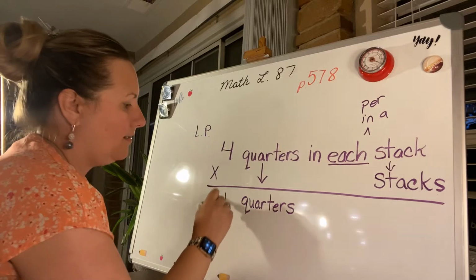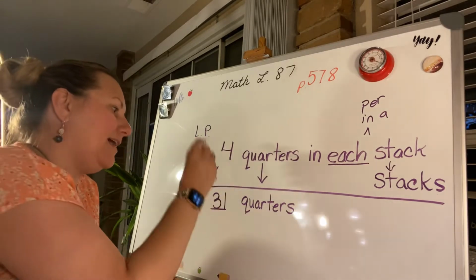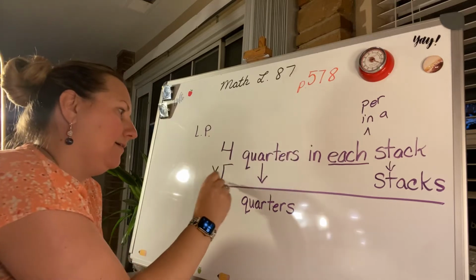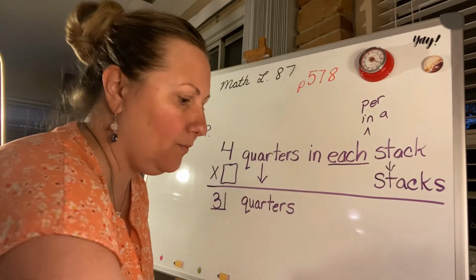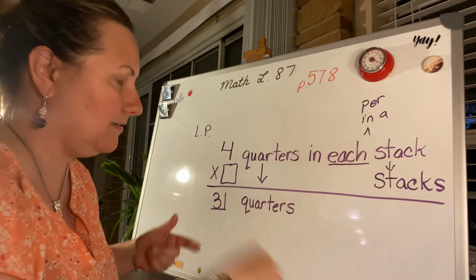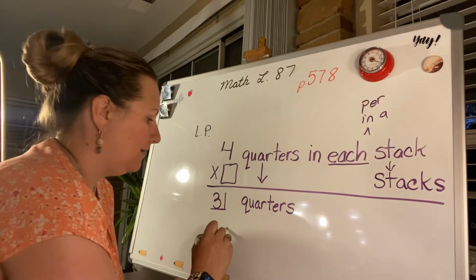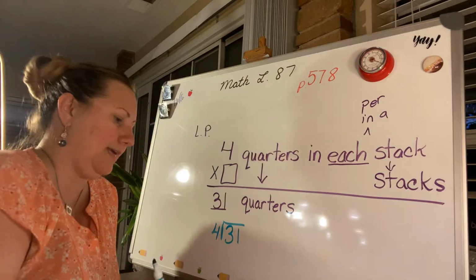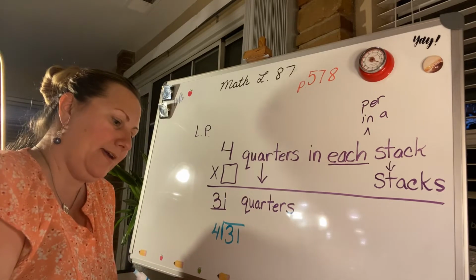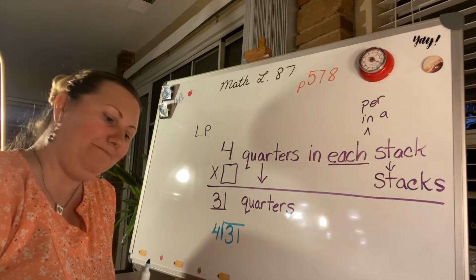So let's write number 31 there. So now we need a number that 4 times something gives us 31. We can't multiply it easily, so we're going to divide it. We're going to take 31 divided by 4, and we say 4 times what gives us 31?